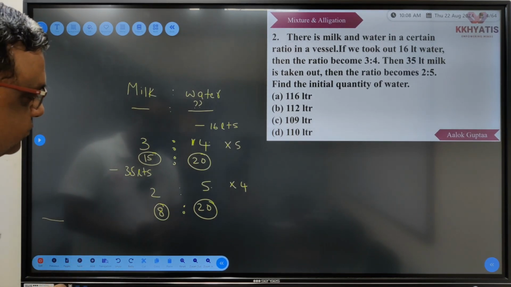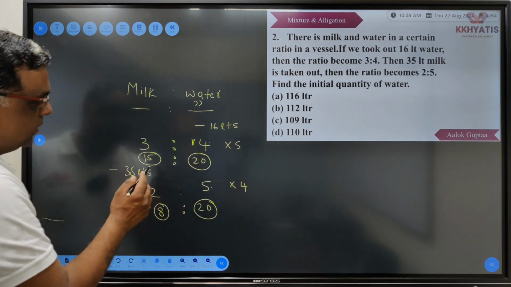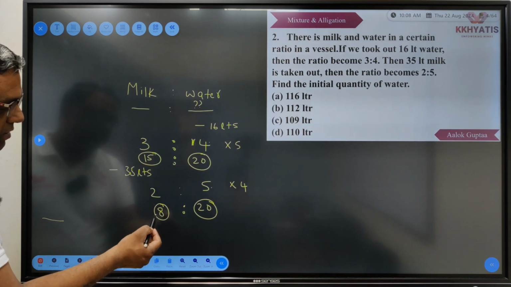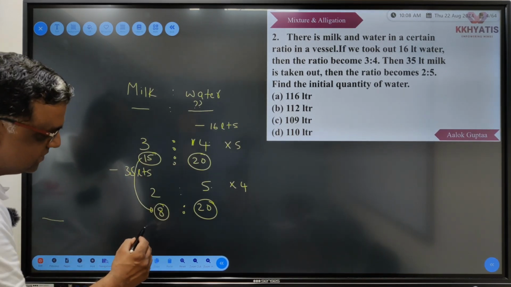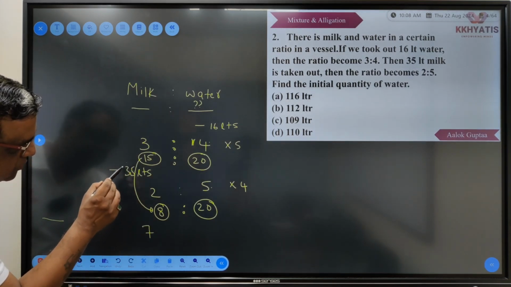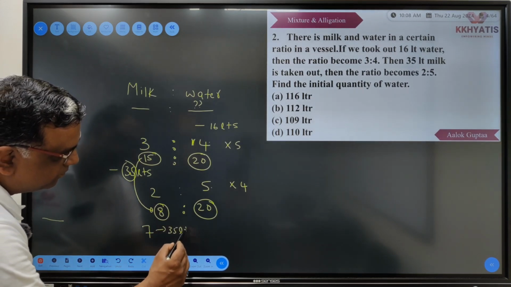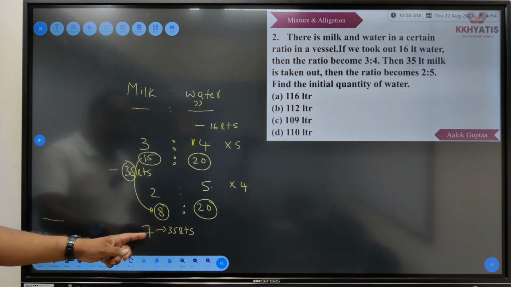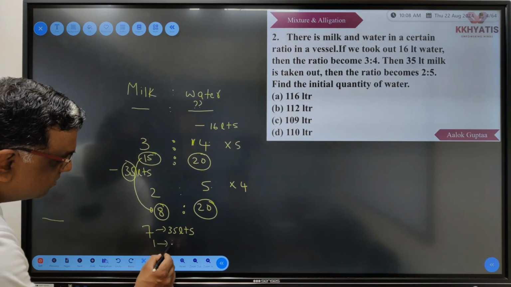Very good. Now, this 15 became 8, which means in terms of ratio, there was a reduction of 7. And this reduction of 7 ratio corresponds to how much in quantity? 35 liters. So value of 7 is 35. So value of 1 would be 5 liters.